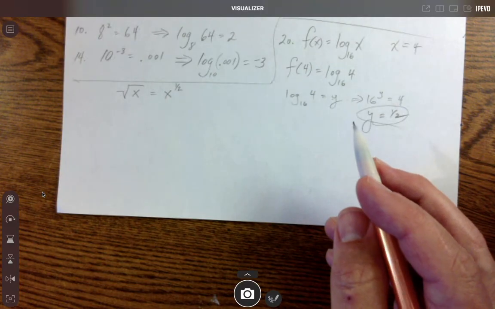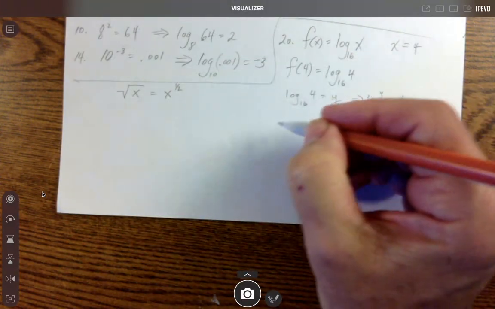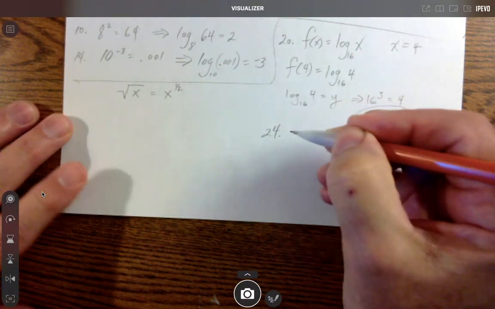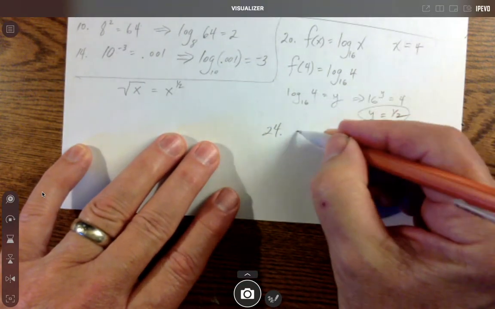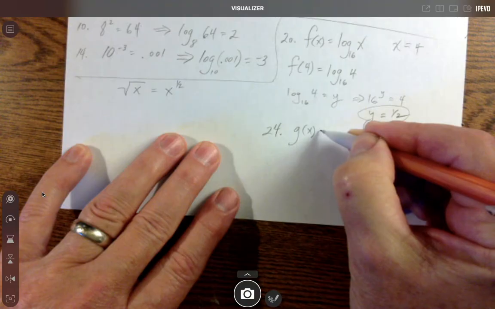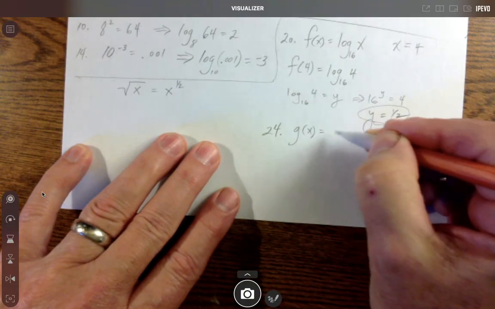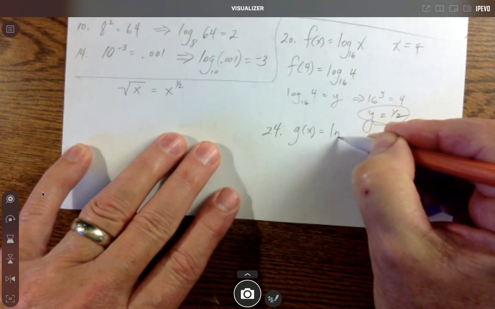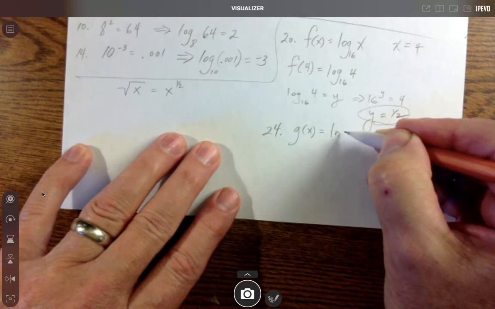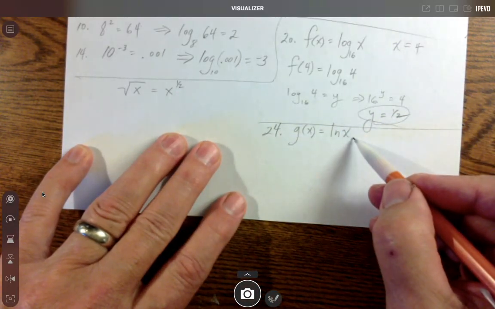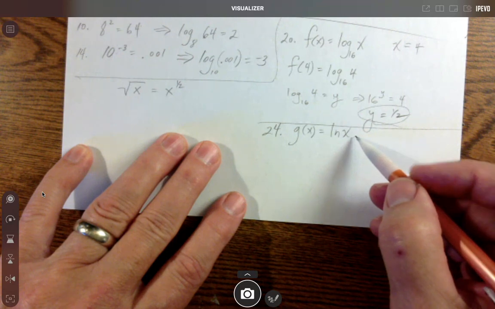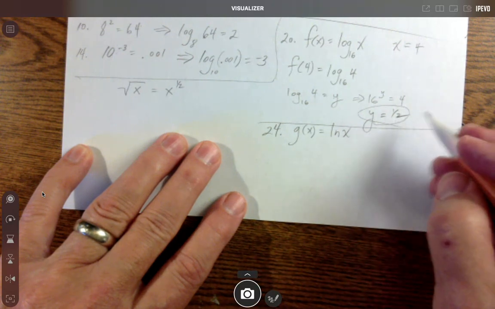Let me do one with a natural log. So if I have, let's say 24. 24 says g of x is equal to ln of x. And for 24, x is e to the negative 2.